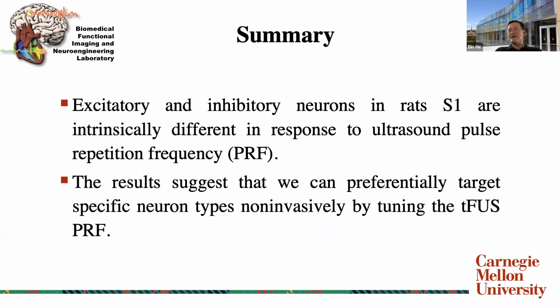And this result suggests that we can target a specific neuron type non-invasively, which is on the positive note. Even though on the negative side, we do not know what exactly is happening, the positive side is we did observe this experimental finding that, non-invasively, by tuning ultrasound parameters, you can target a specific cell type.